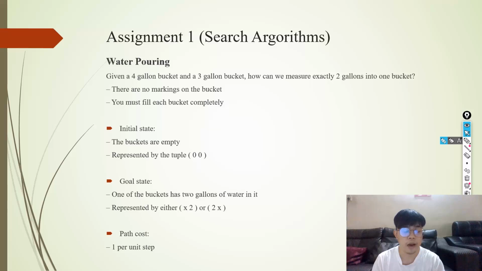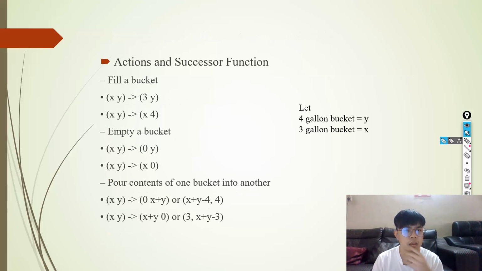Next will be the path cost. It is 1 per unit step, which means we only work out 1 step per unit. Next will be the actions and the successor function.